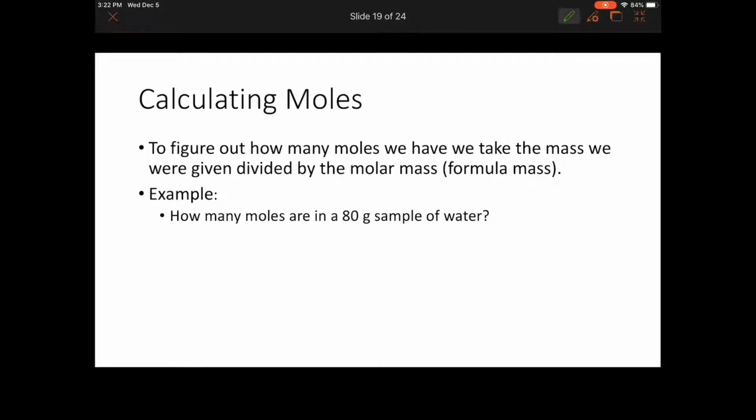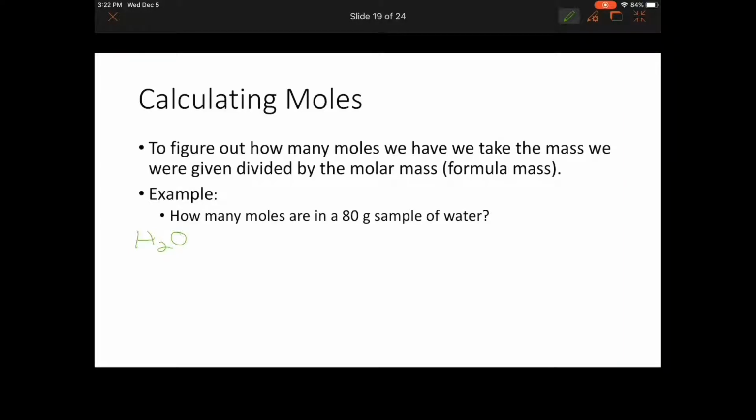So to figure out how many moles, we have to take the mass that we're given divided by its molar mass. Well, we've learned how to calculate molar mass, and my example here says how many moles are in an 80-gram sample of water. We know that our water formula is H2O.